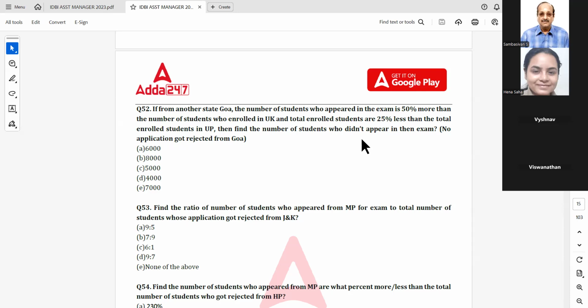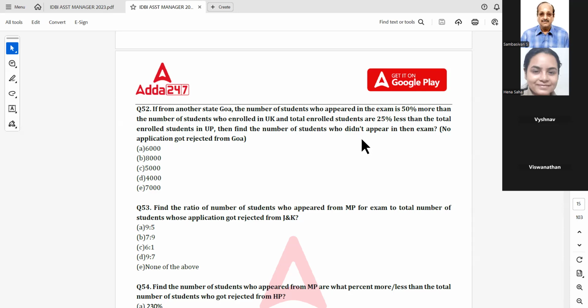Who appeared in the exam is 50% more than the number of students enrolled in UK. So 150% of 17,000, that is 25,500 will come. And the total enrolled students are 25% less than the total students enrolled.